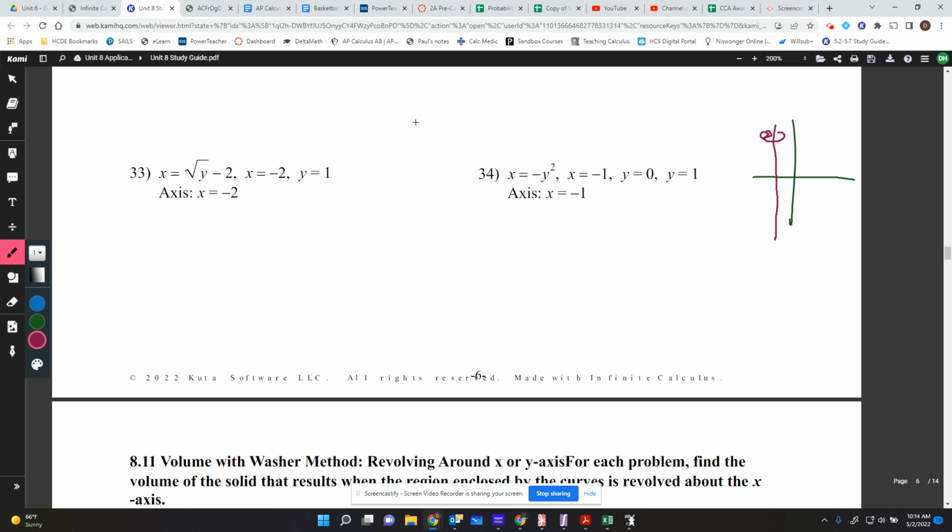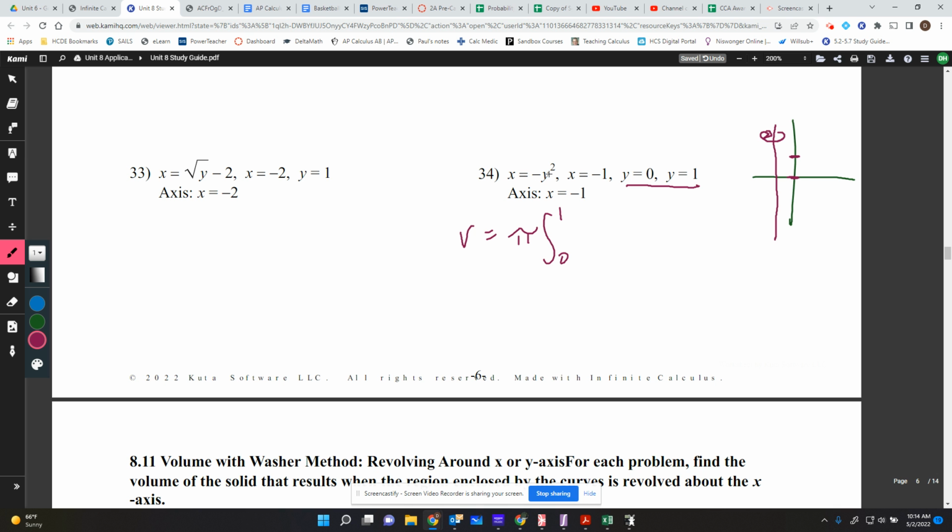You can solve that a couple ways, but again, I don't ever graph it. But I do need to see, well, I don't need to, because it gives me the bounds right here. From y equals 0 to y equals 1. So that tells me 0 to 1.